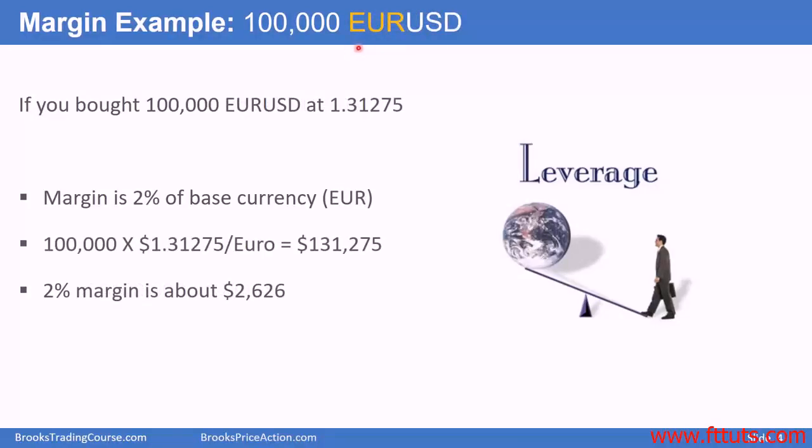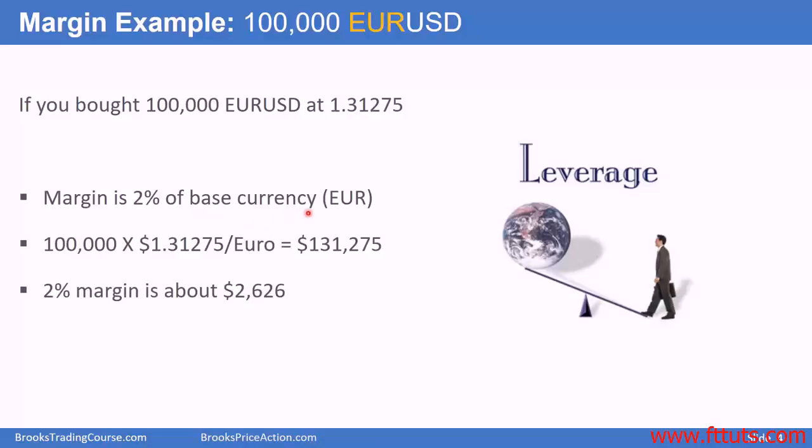Here's an example with the euro versus the dollar. Let's say you wanted to buy 100,000 units of the euro versus the dollar, and let's say your fill price was here, 1.31275. And let's say your broker currently is allowing you to trade with only a 2% margin.